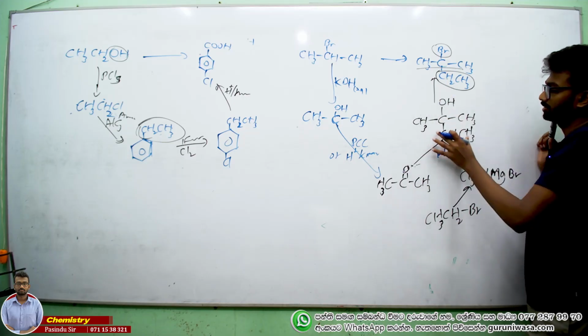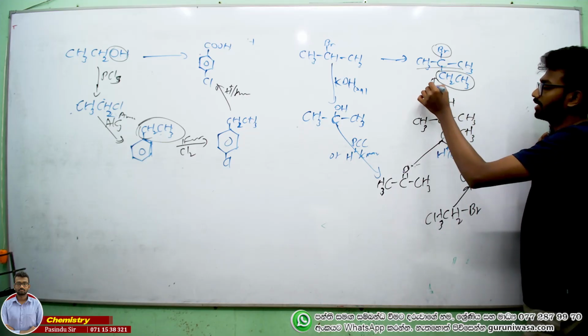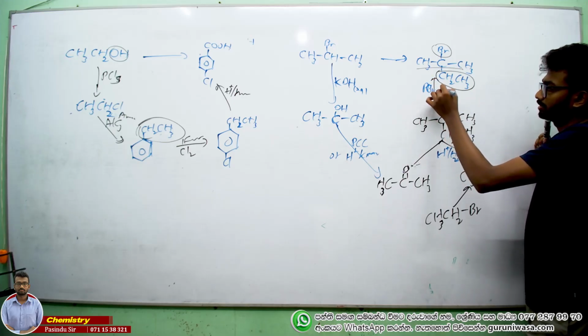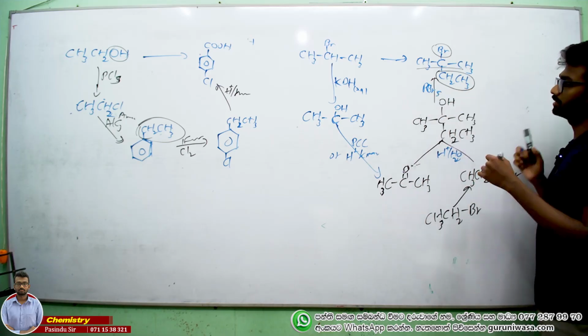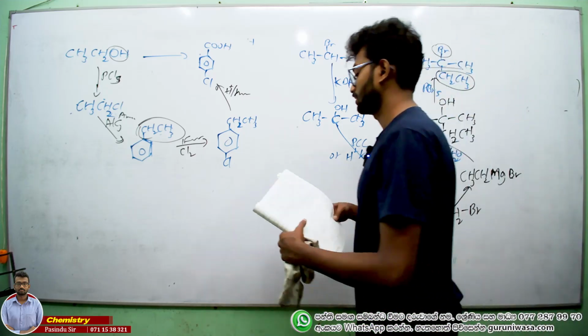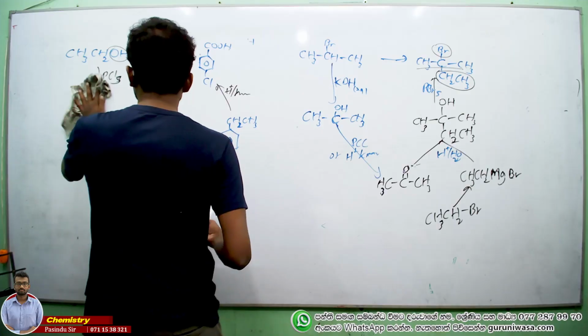Then get this one, then again add PBr5 or so. Then I'll go to another conversion.